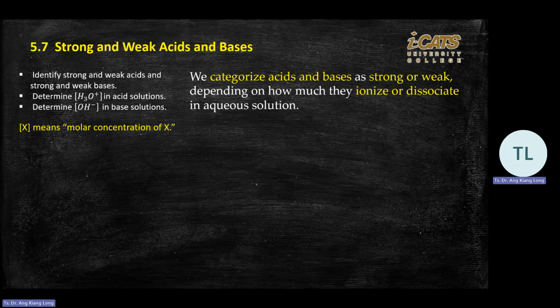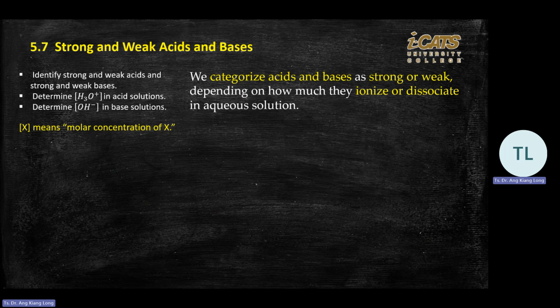Now, we have already done how to balance the acid. Step 5.7, you need to identify whether it's a strong or weak acid and base. Again, we still use OH and H plus or H3O plus. In the previous lecture, we know that H plus is also equal to H3O plus.